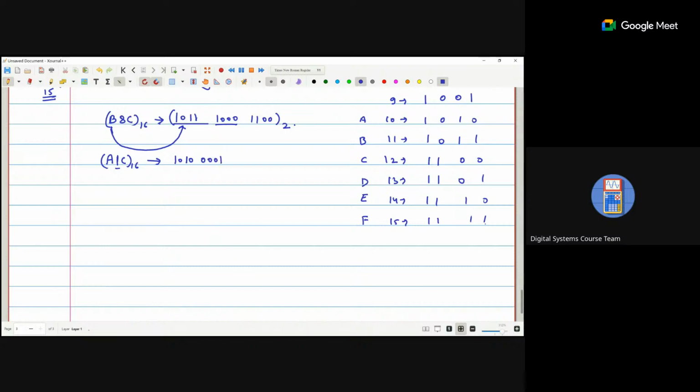We have to add 0 in the MSB when converting from 3 bits to 4 bits. So 0001. And C is 1100. Every digit should be represented in 4 bits.